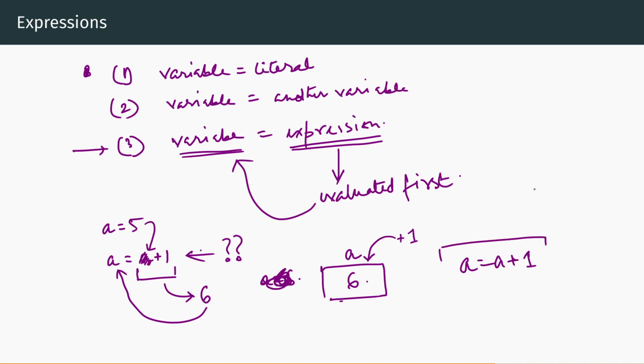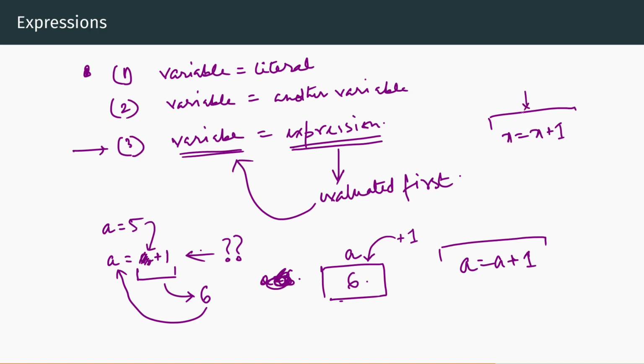Because if you think in terms of algebra, this is not possible. This is never possible, right? But this is one of the situations where a variable in Python, or a variable in any programming language for that matter, differs from a variable in algebra. In algebra you can never say things like x equals x plus 1. That equation has no solution.